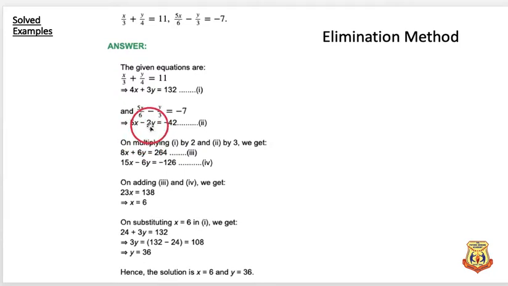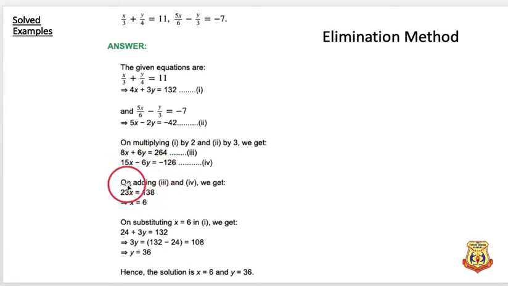Just for example, if I multiply this by 2, then 8x, and 6y. So 8x plus 6y is equal to, again 2 multiplied by this, so it is 264. This way we will get equations 3 and 4.